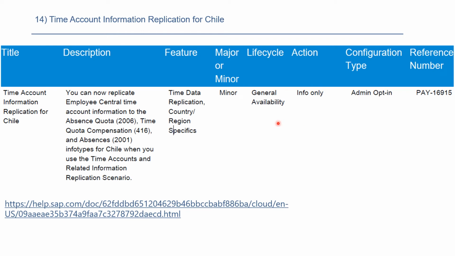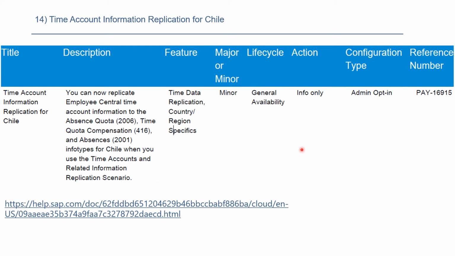Next, we have time account information replication for Chile. This is, as you know, country specific localization for Chile. So basically, infotypes 2006, 2001 will have the time account information. This was earlier not available for Chile, so it will work now for Chile as well as a standard product.